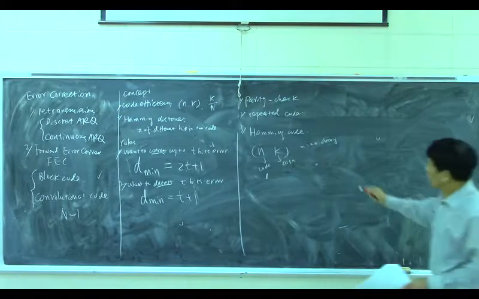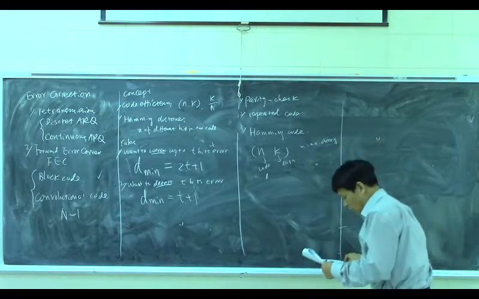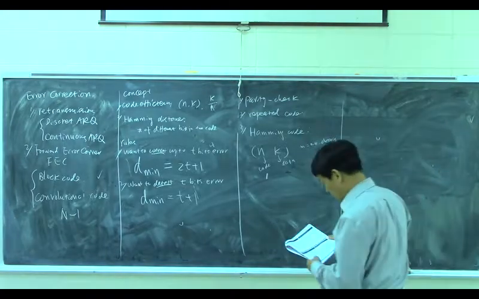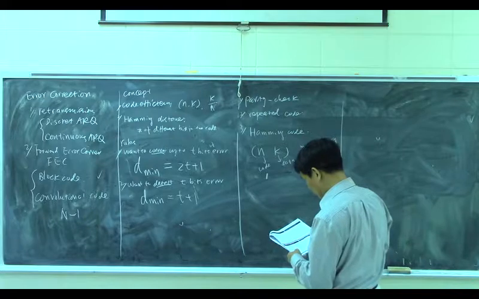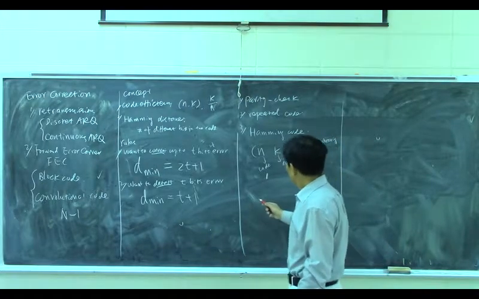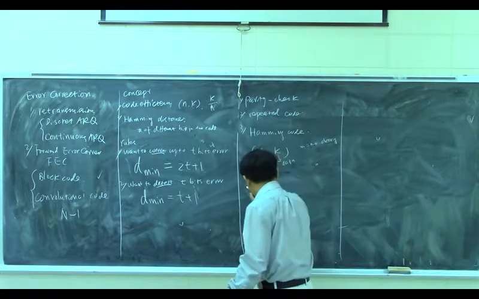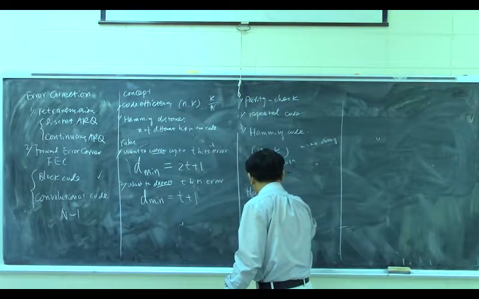Now let's see what kind of code we can correct. We have a law, the Hamming bound.